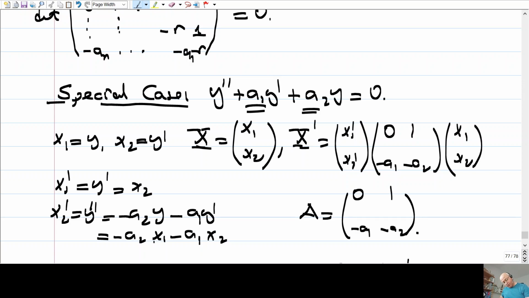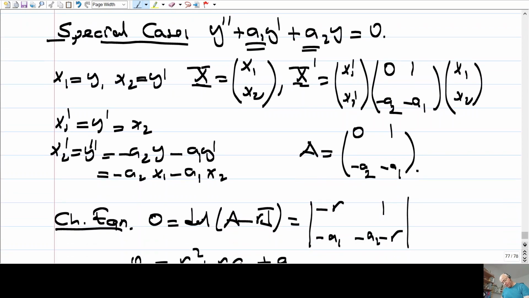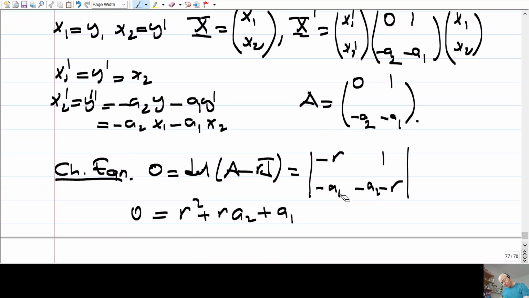Burada da evet haklısın. Tamam. Özür dilerim. Tamam. Yani burası 1, burası 2 oldu. Tamam.